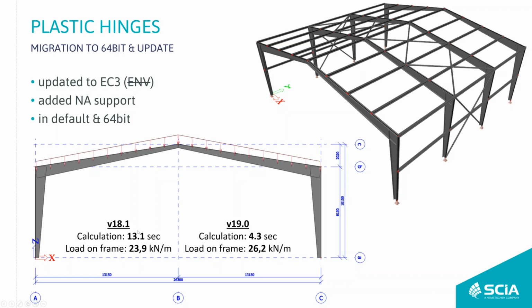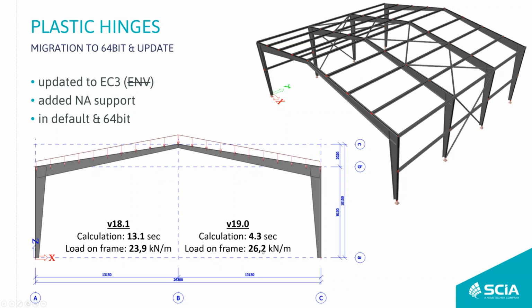Here that's the version of pre-Eurocode, and you can see that the load on the frame is equal to 24.9, whereas in version 19 that's now the value of 26.2.